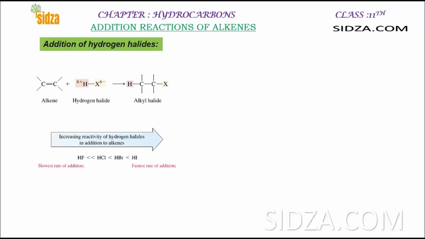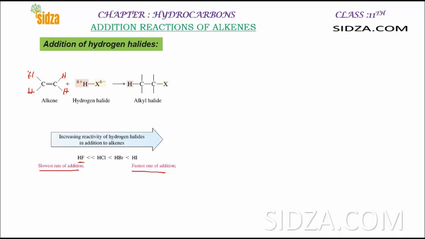Different hydrogen halides have different reactivity towards a particular alkene. Suppose we have an alkene, ethene, C2H4, and when a hydrogen halide reacts with it, different hydrogen halides have different reactivity. HI is the fastest and HF is the slowest.